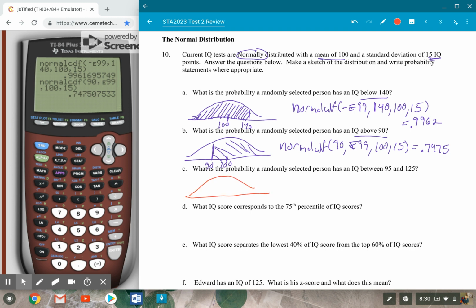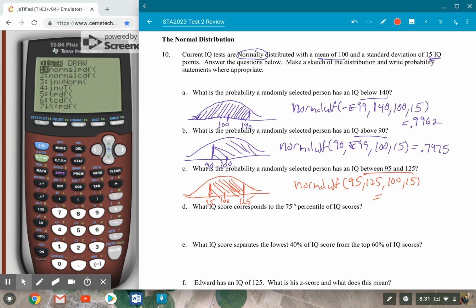See our last normal CDF question here. So still a bell-shaped curve, plenty of room in the tails out here. 100 is in the middle. I'm looking between 95 and 125, so 95 down here, 125 here. Looking between, so no E99. So I've got my lower bound, my upper bound given to me. Be normal CDF, 95, 125, 100, 15.